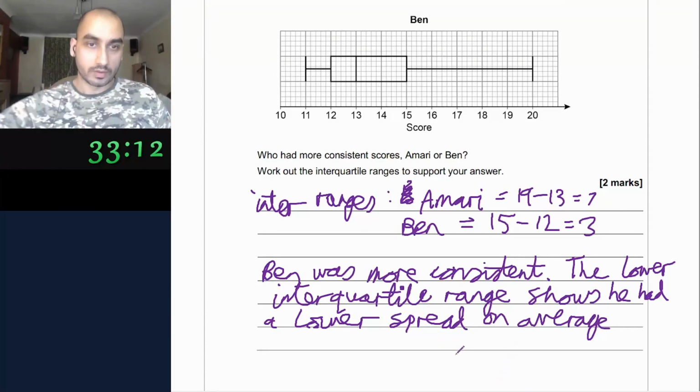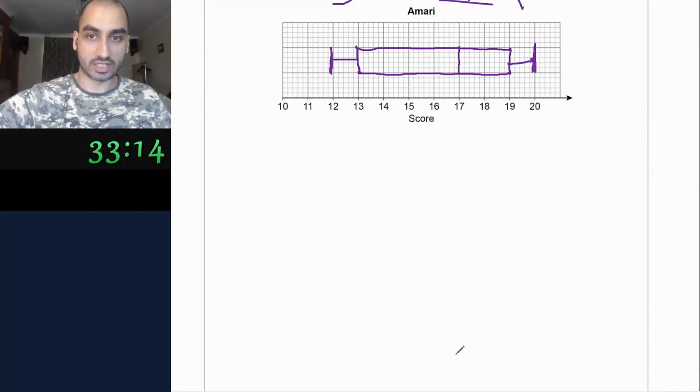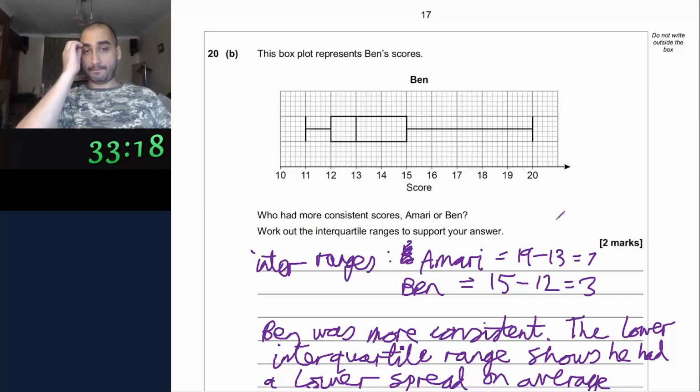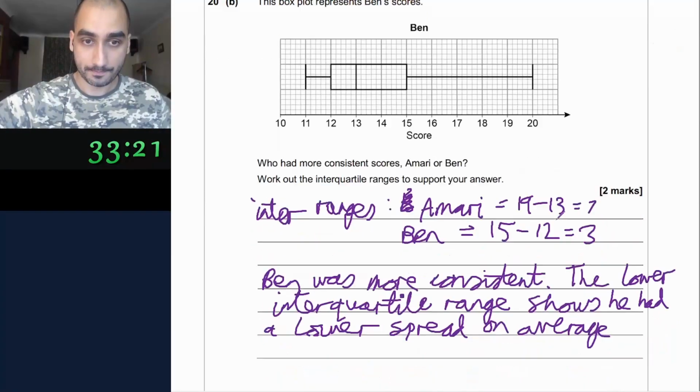Even though the tail ends are higher, even though he actually got, no, not 12 to 20, 11 to 20, so it's not much different. But the interquartile range is lower.